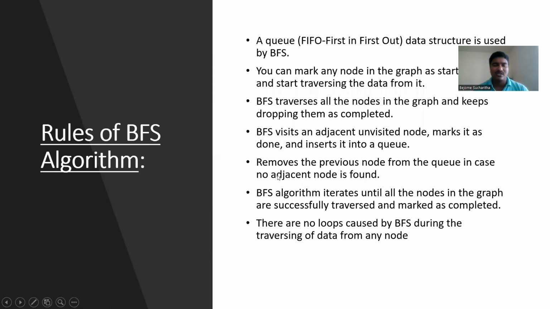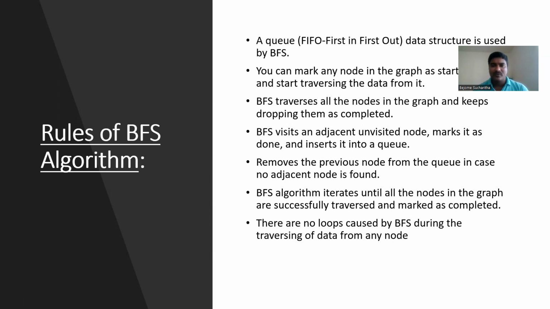These are the rules of the BFS algorithm. In a queue, first come, first out. We are using that in the BFS algorithm. The data structure used by BFS is a queue. You can mark any node in the graph as the start. BFS visits all the nodes in the graph, marking them as completed, and visits adjacent unvisited nodes, marks them as done, and inserts them into a queue.